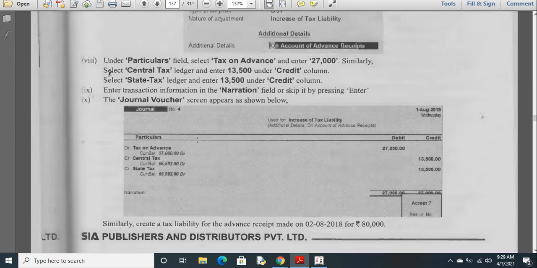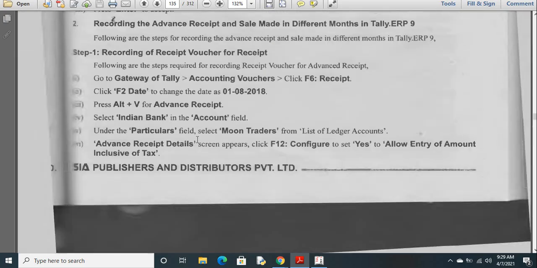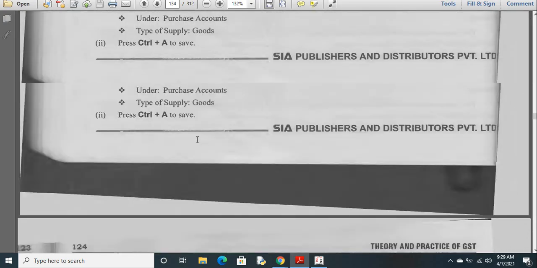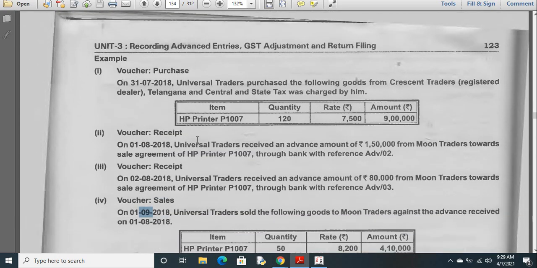Here you just observe this transaction once again. I'll explain once again. Here total 4 transactions are there. First one is a normal purchase, already we know. Then the second one, he received an advance of 1,50,000 and a second advance of 80,000.